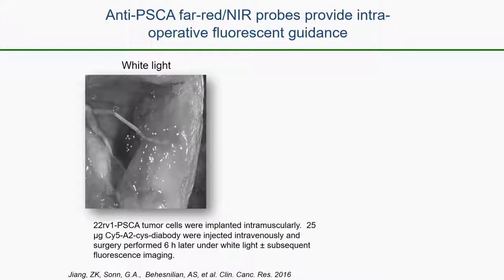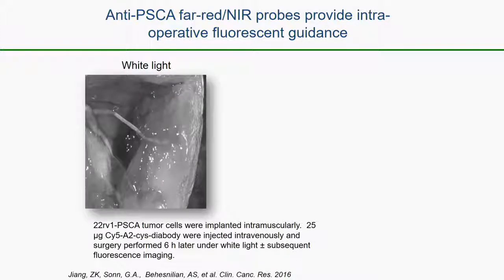And what the surgical fellow did was, under white light, he removed as much of the tumor as he could see, although in this case he actually deliberately left a region of tumor behind here. And then these mice had been injected with fluorescent Cy5 labeled cys-diabody 6 hours prior to doing surgery.